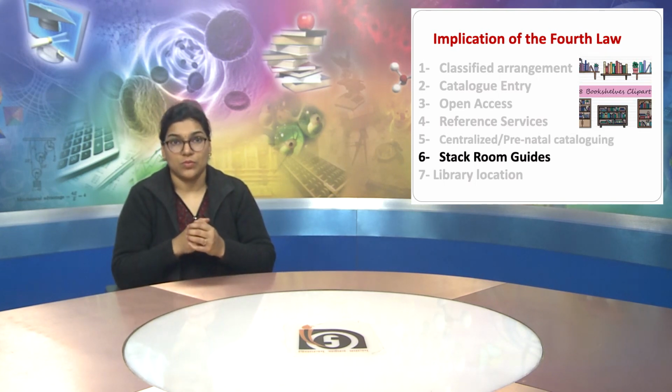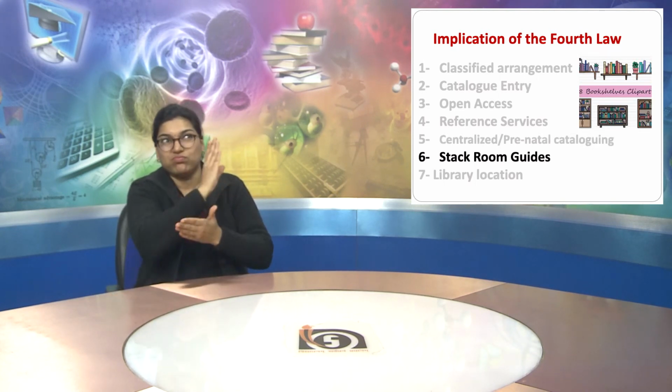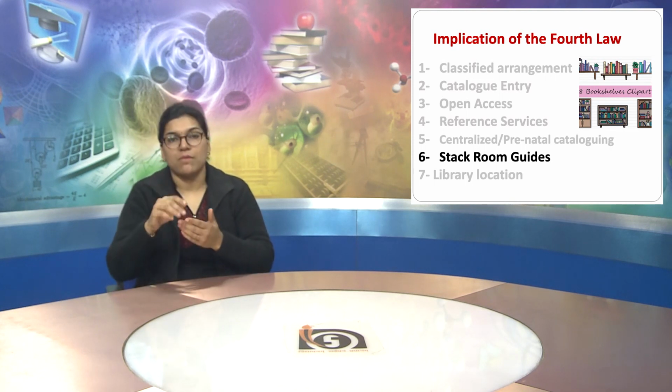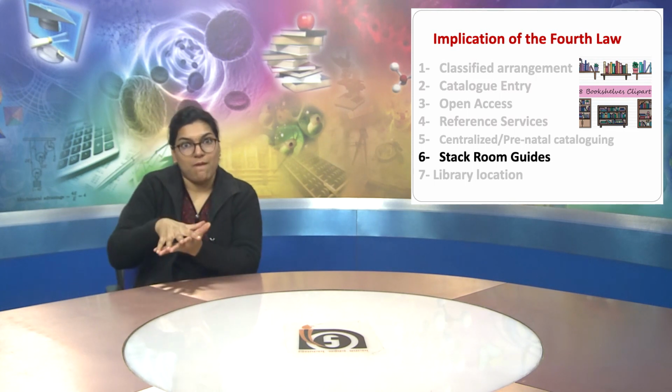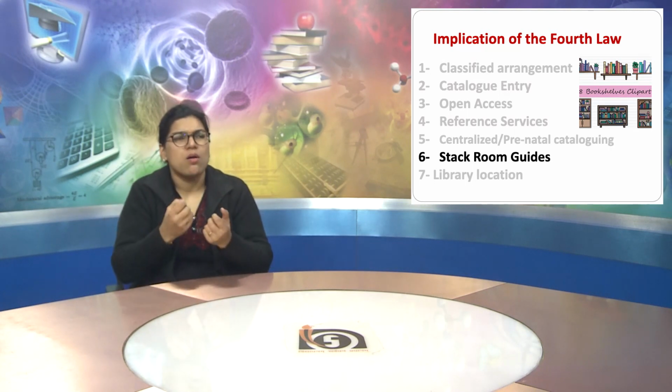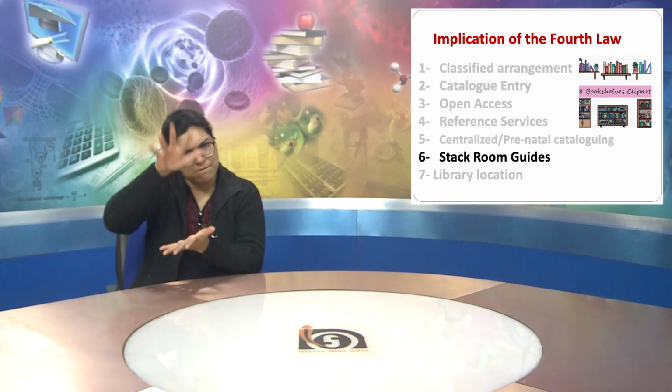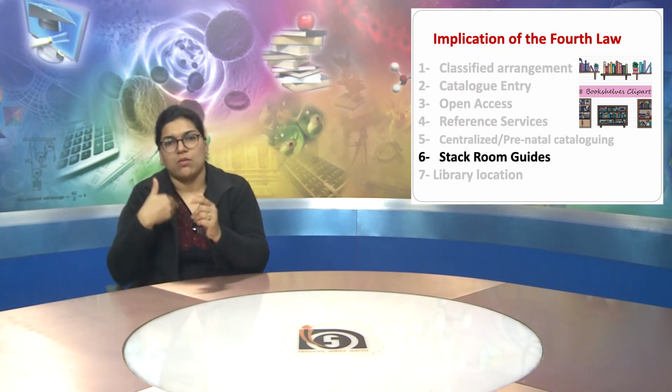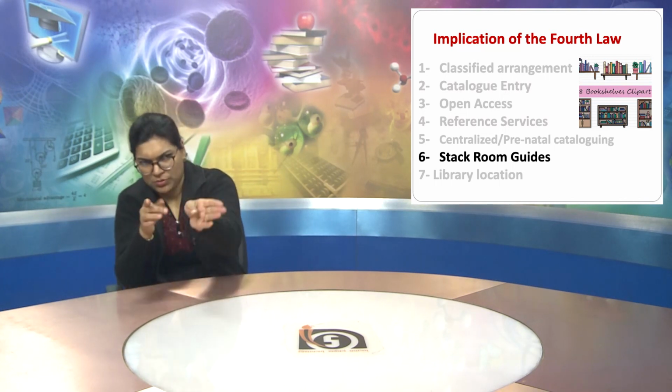The sixth implication of the fourth law talks about stack room guides. To save the time of the reader, the library should provide an efficient system of guides in the stack room.